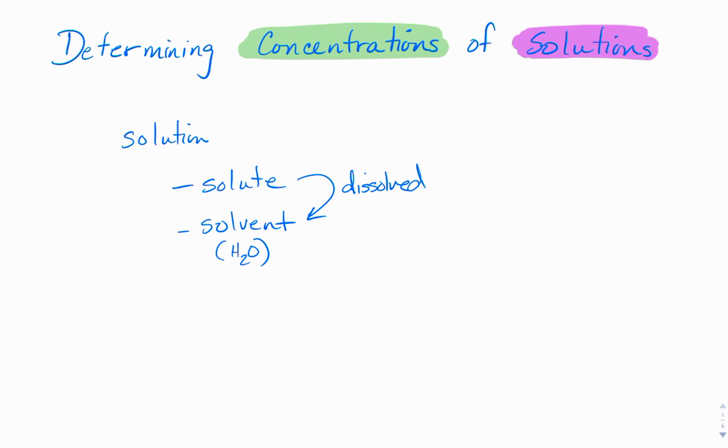So one of the ways you can calculate a concentration that chemists use is a terminology that's based off of a value that we know how to calculate, and that's called the mole. When we determine how many moles of a solute are put into a particular volume of a solvent, we are calculating a term called molarity.